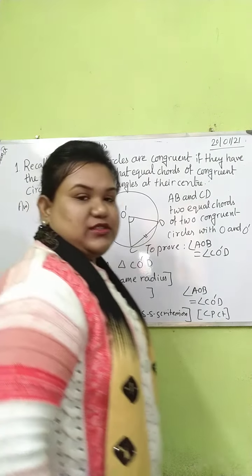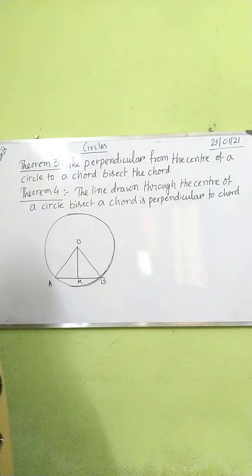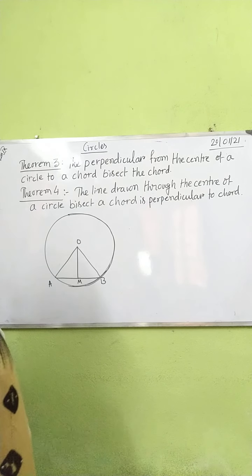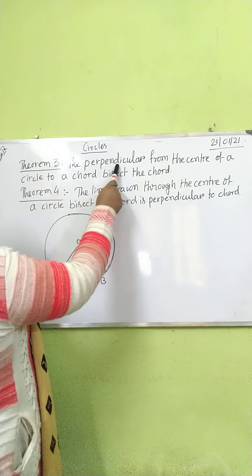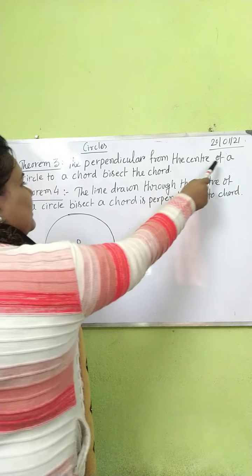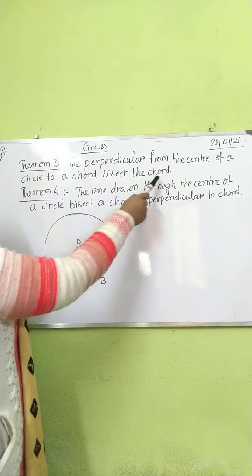Now we will move to the next theorem. Okay, look at the board everyone. There are another two theorems. Theorem 3 is the perpendicular from the center of a circle to a chord bisects the chord.